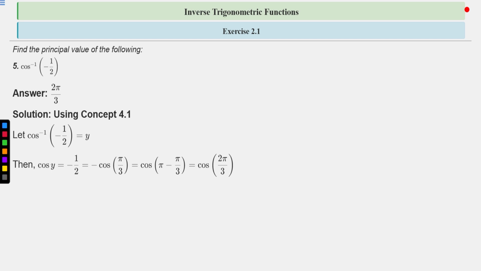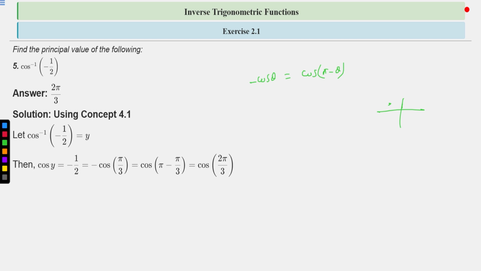Now, minus of cos theta will not be equal to cos of minus theta. It will be cos of pi minus theta, right? Got it? Because cos theta is negative in the second quadrant. Therefore, we can write it as cos of pi minus theta, isn't it?